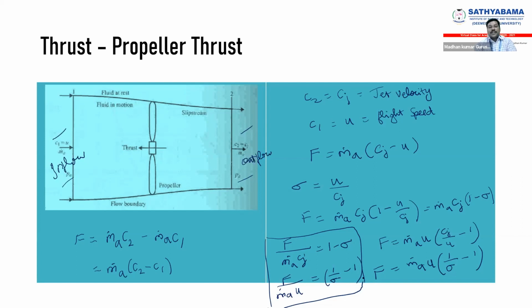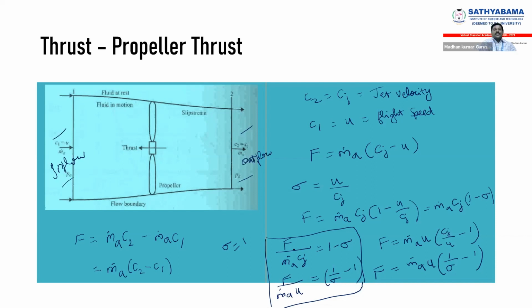When the speed ratio sigma is equal to 1, what happens to this thrust? F by m dot a Cj becomes 0, and F by m dot a u also becomes 0, right? I think you can understand this better now: what is meant by thrust, and what is meant by zero thrust.